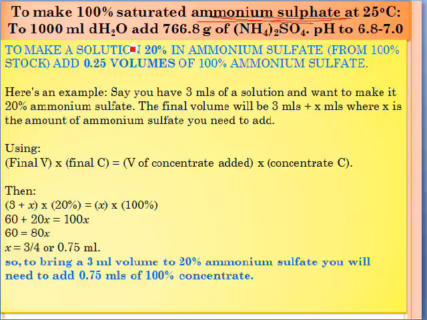First of all, we make 100% saturated ammonium sulfate solution at 25 degrees centigrade. So here, one thing to know is what saturation is. Saturation is the point at which a substance can dissolve no more of that substance. As in the case of ammonium sulfate, 76.6 gram of ammonium sulfate can dissolve in 100 ml of water.